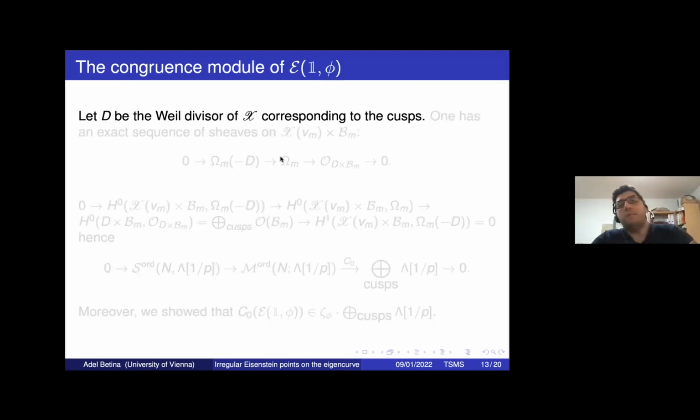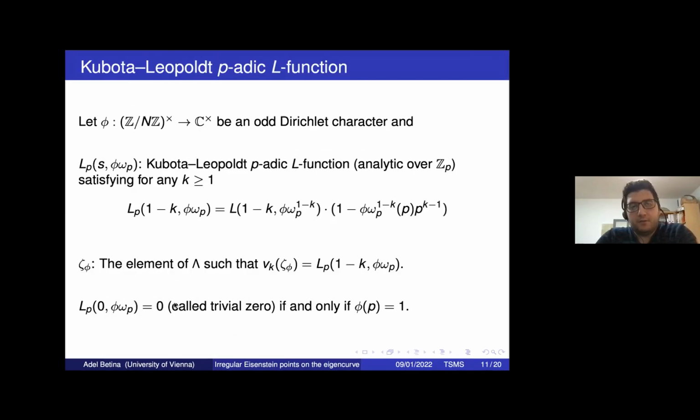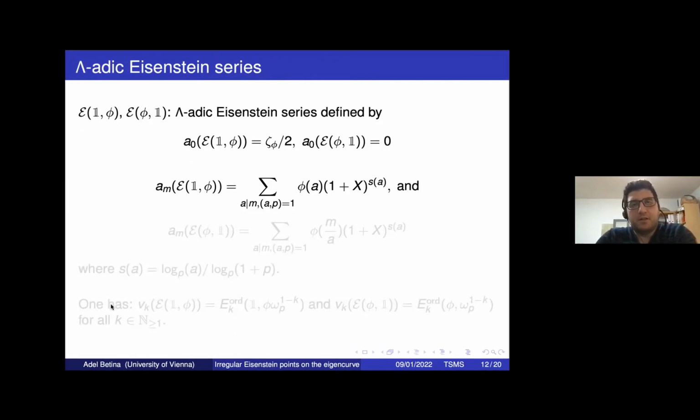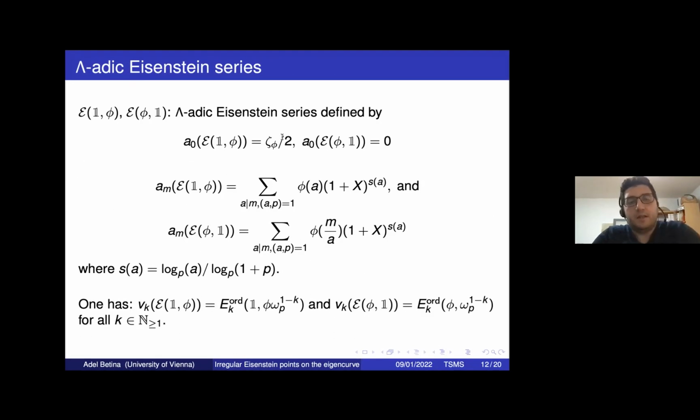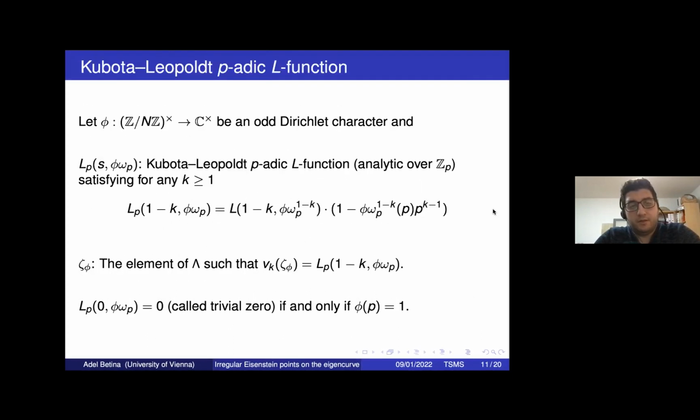And now we want to understand when an Eisenstein family like this meets a cuspidal Hida family. And I can tell you in advance, it will happen when we have a trivial zero, because naively, you see here, if you have a trivial zero, the specialization at 1 of this one will be 0 here. If phi of p equals 1, because of this relation, if you plug in k equals 1, you have a 0.